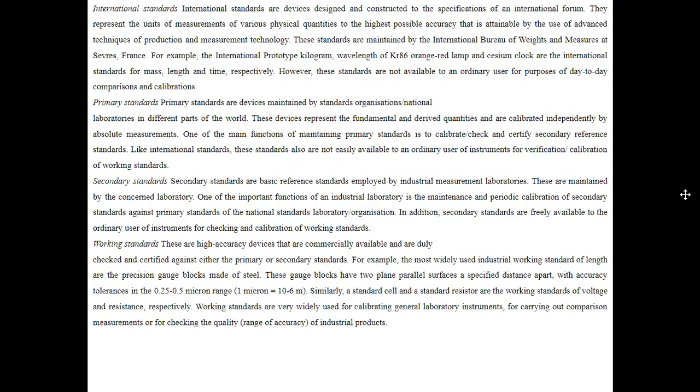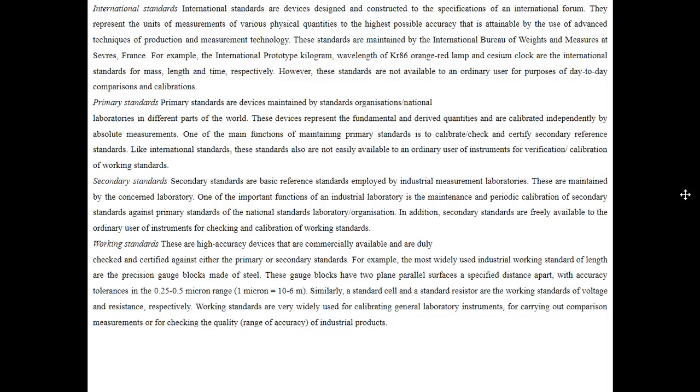First is international standards. International standards are devices designed and constructed to the specifications of an international forum. They represent the units of measurement of various physical quantities to the highest possible accuracy that is attainable by the use of advanced techniques of production and measurement technology.